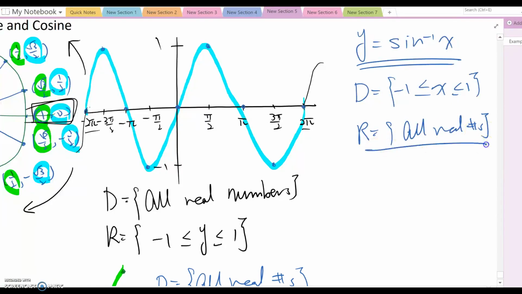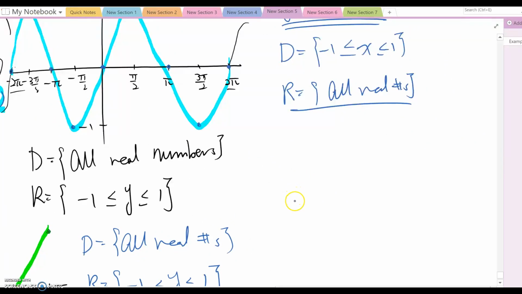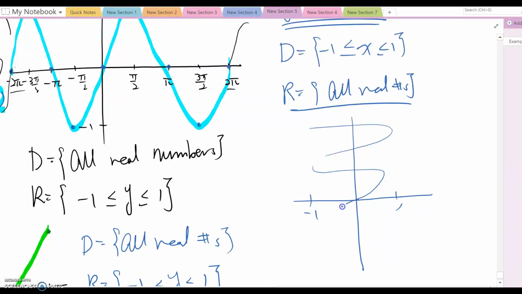However, if it is all real numbers, then what's going to happen? I just briefly drew this picture. Please remember that this is not accurate though. Somehow it becomes like this, right? But is it a function?